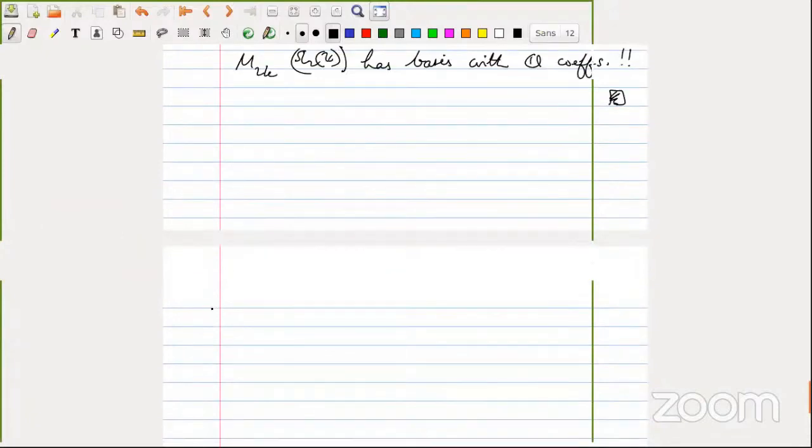So to give examples of cusp forms, we construct what is known as a Hilbert Poincare series.